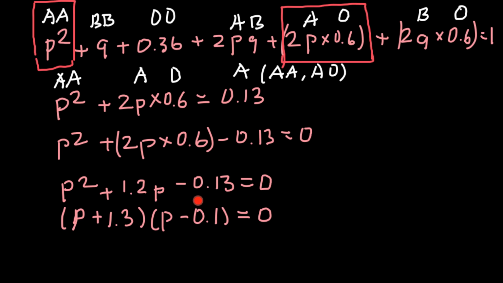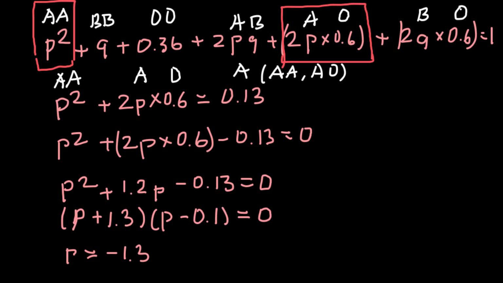So this expression would equal 0 if what we have in this parenthesis would equal 0, or if this part would equal 0. And this part would equal 0 if p would equal minus 1.3. So if minus 1.3 plus 1.3, this would equal 0, and anything multiplied by 0 would equal 0.